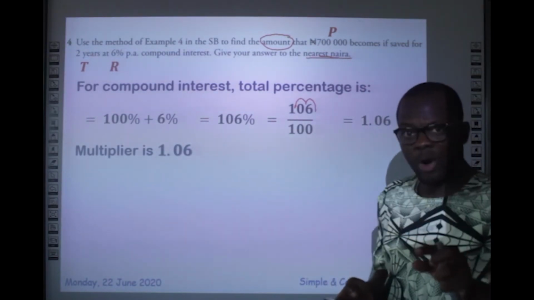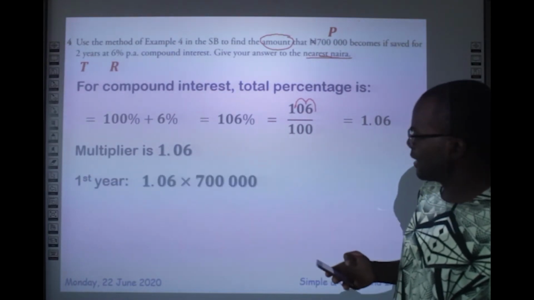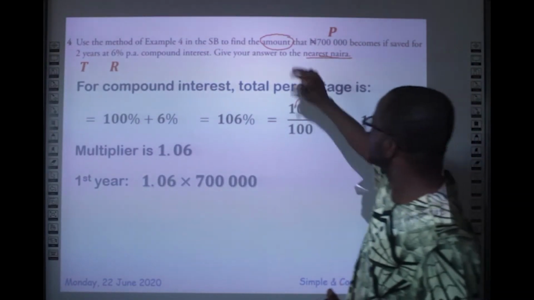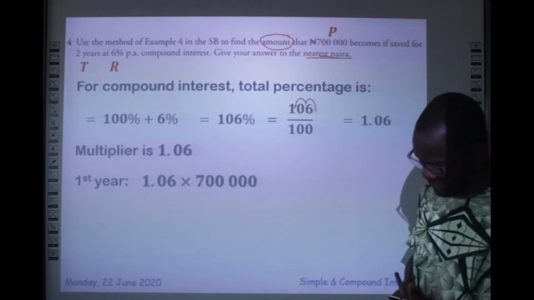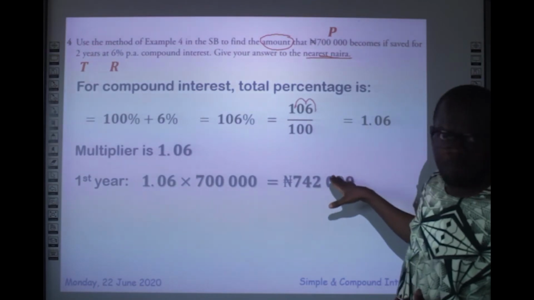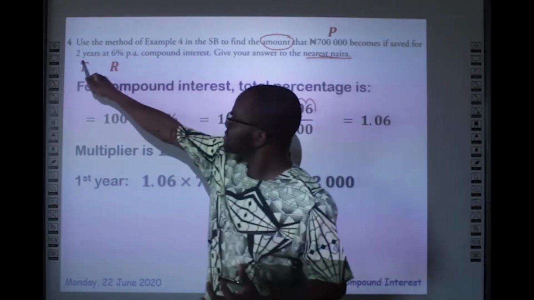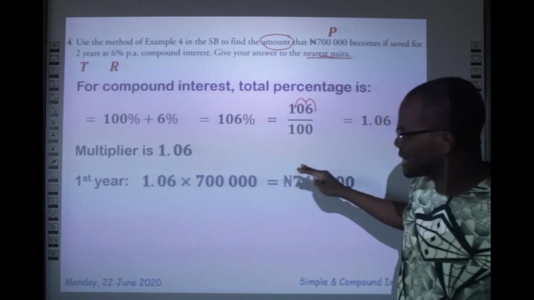And how do we apply the multiplier? For the first year, you take your multiplier, and then you multiply by the principal. So at the end of the first year, what are you going to have? 742,000 naira. But you're not going to stop there because you're going on to the second year. So at the end of the second year, let's see what this will amount to.